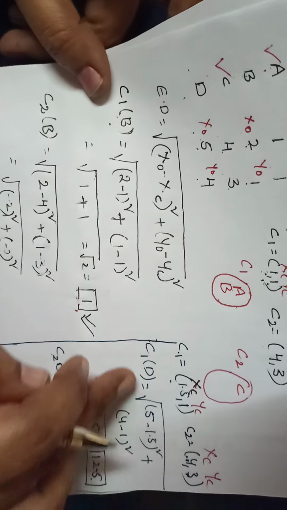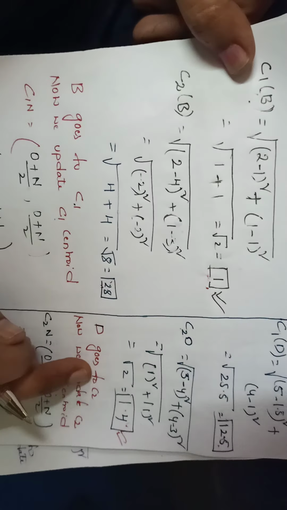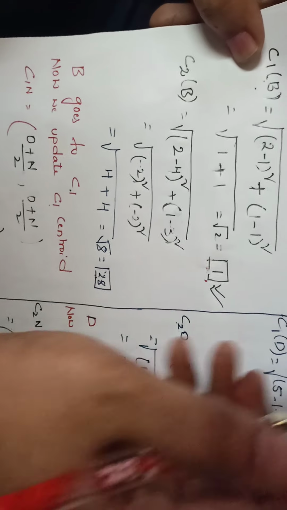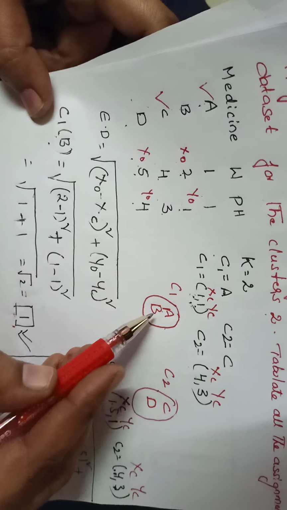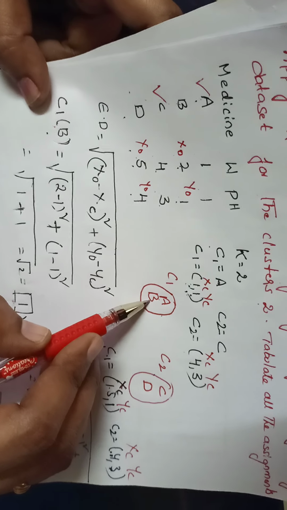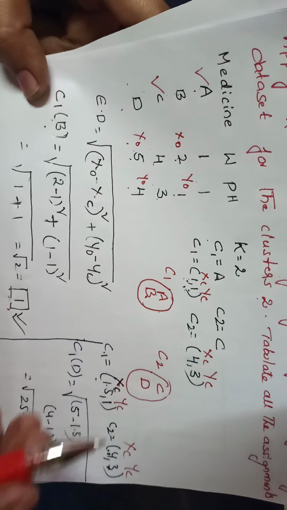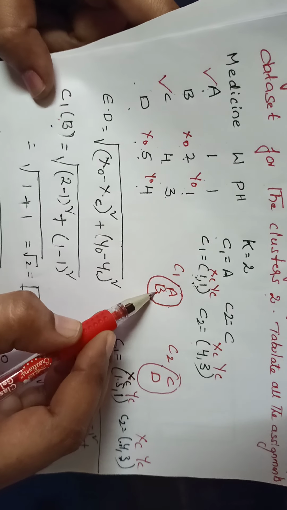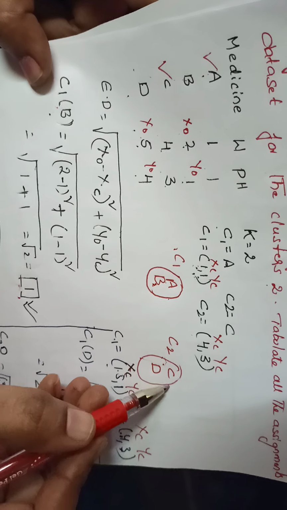Now you can see D. D goes to which cluster? Now D goes to the C2 cluster. Yes, we can group according to similarities. The one having a near Euclidean distance, we make them into a single group or cluster. Now we conclude that A and B belong to cluster 1 and C and D belong to cluster 2.